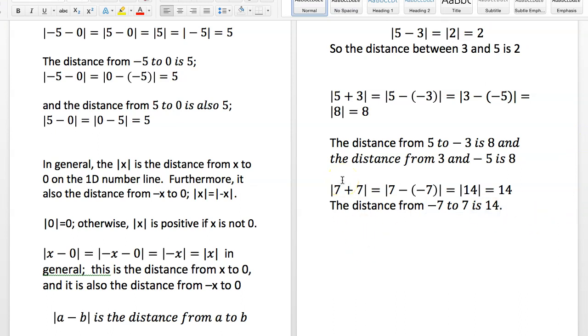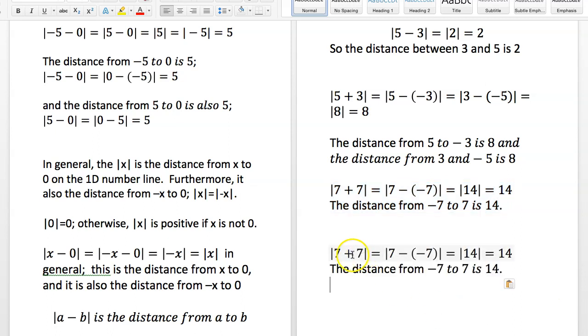Now let me do what I call the pedestrian case, the ho-hum case, the boring case. What if I did the distance from 9 minus 9? Well, that's no fun. That's just 0.